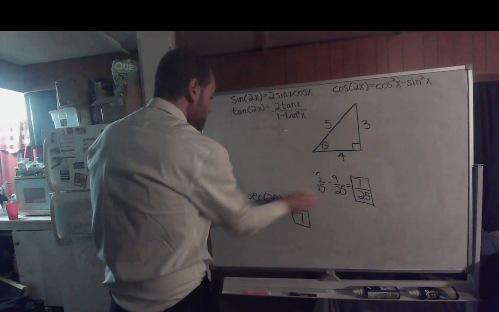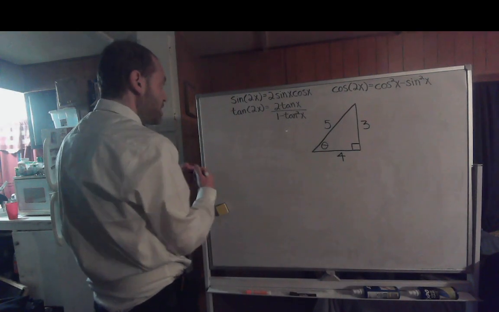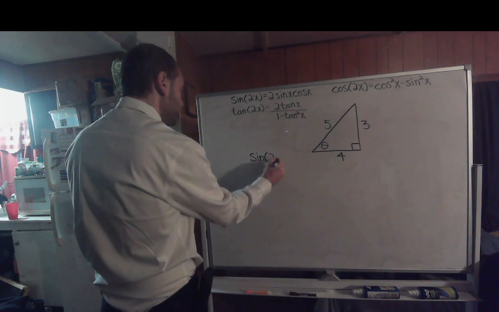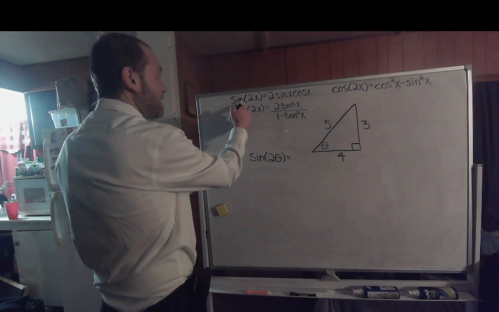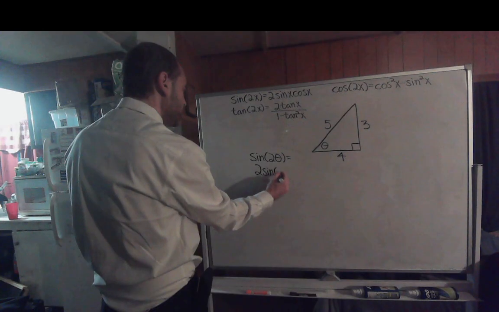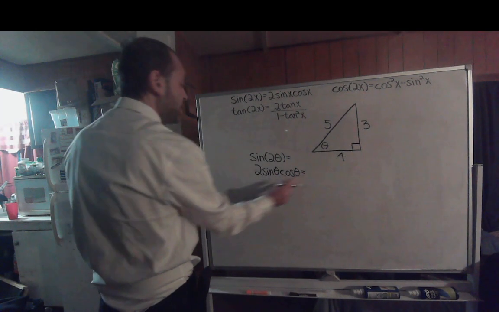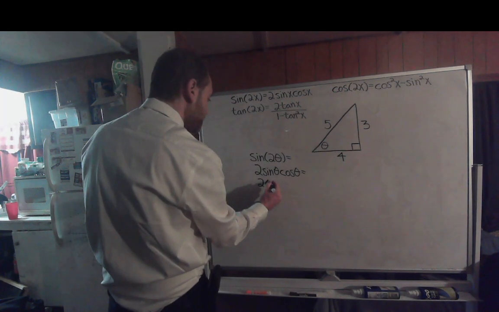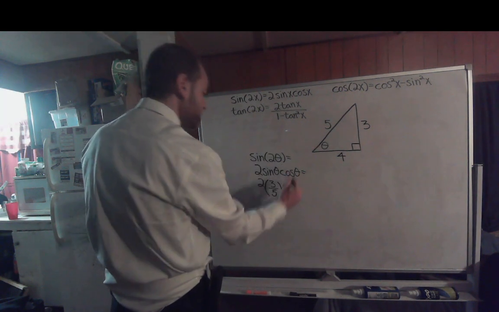Alright, let's go to the sine of 2 theta. So let's find the sine of 2 theta. That is going to, of course, be equal to, let's use our sine of 2x formula, so that would be 2 times the sine of theta times the cosine of theta. Now all we have to do is plug in these values, so take 2 times the sine of theta, that's 3/5, times the cosine of theta, that's 4/5.